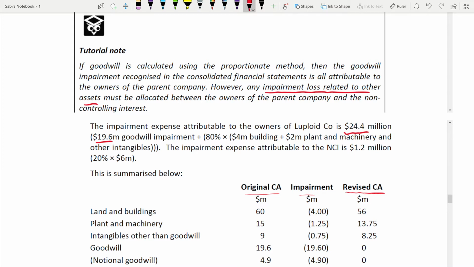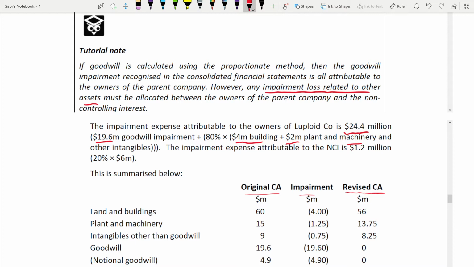So 19.6 goodwill impairment plus 80%, because for the parent it is 80%, into 4 plus 2. 4 million will go to buildings of the impairment, 2 million will go to plant and machinery and other intangibles. So add both 4 and 2, which is 6. Out of that take 80% and add it to 19.6, which is 24.4.